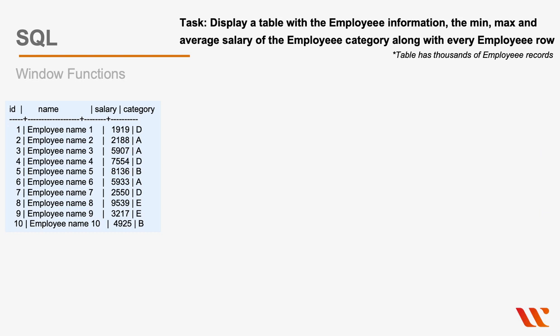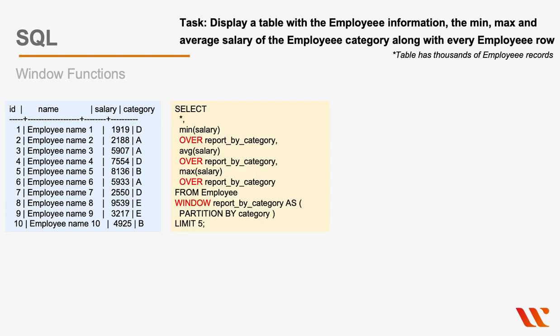Let's look at an example here. So we have a table here with ID, name, salary, and category. So you have different employees here with their salary, and there is a category. And we just want to take note that this table has thousands of employee records. So the task is to display a table with the employee information, the minimum, maximum, and average salary of the employee category, along with every employee row.